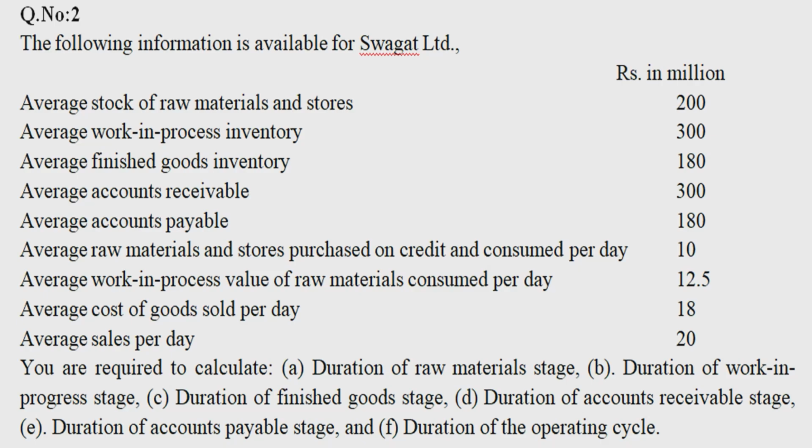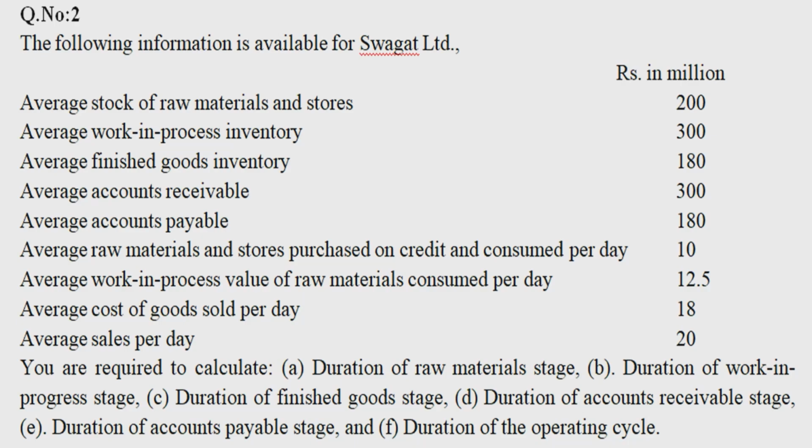Next, average cost of goods sold per day is given and average sales per day is given. So you are required to calculate duration of the raw material stage, duration of the work in progress stage, duration of finished goods stage, duration of the accounts receivable stage, duration of accounts payable stage, and duration of the operating cycle. So this is particularly we are going to calculate operating cycle.